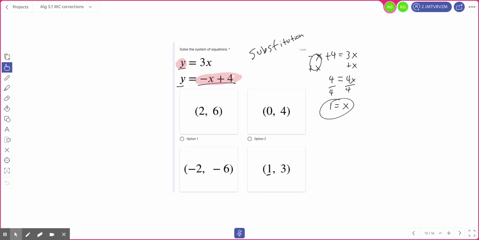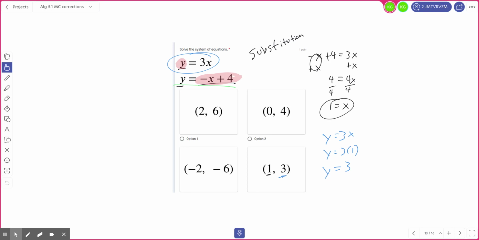But I can also take this, put it back into one of our equations to solve for y. So y equals 3x, and I know x is 1, so y equals 3 times 1, and I get y equals 3, which is what I thought.